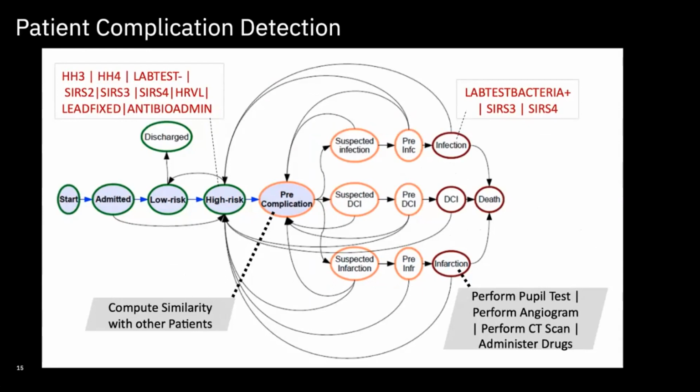Note some observations appear in more than one state, which is called ambiguous. For example, SIRS-3 can be associated with both a high risk state as well as the infection state. These observations can also be unreliable. They can be noisy, missing, or incomplete. Therefore, some observations may be left unexplained by the model.